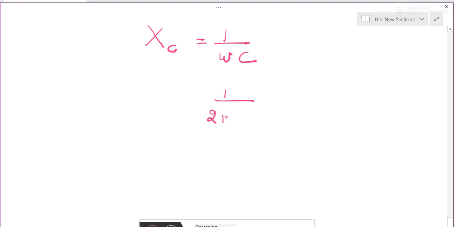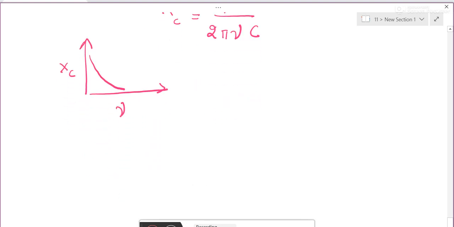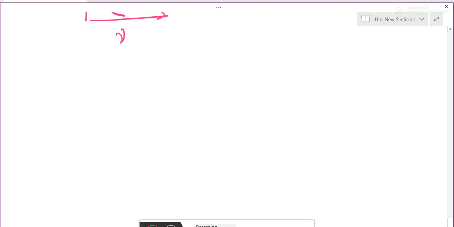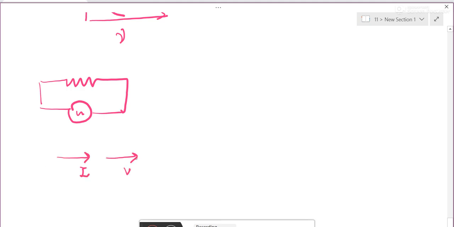Now this can be opened as 2 pi nu C. So you can draw the variation against frequency. It's inversely proportional, so it is hyperbolic. So in this we have seen that in an AC circuit containing resistor only, current and voltage are in the same phase.